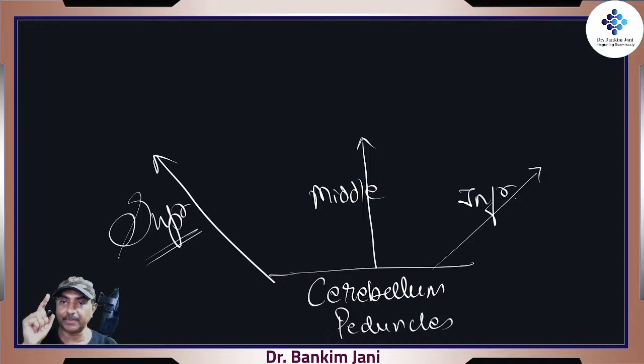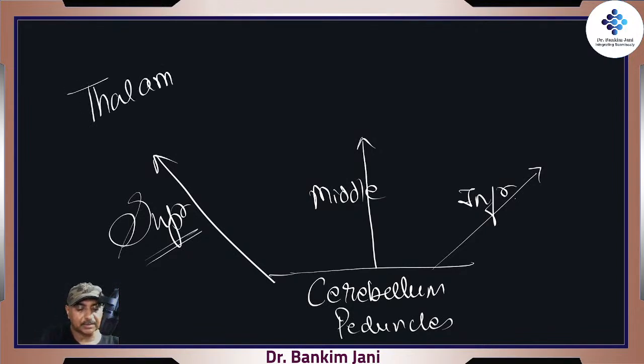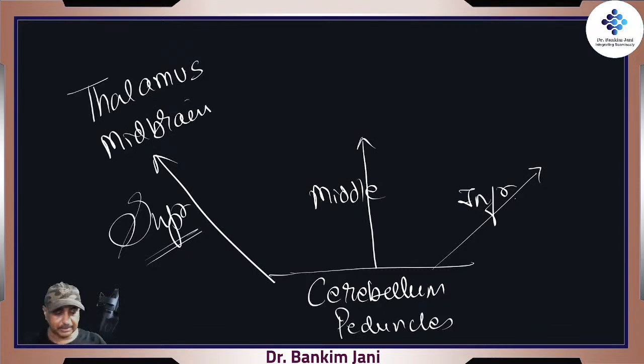Superior cerebellar peduncle will talk straight away to the thalamus. It will talk to the midbrain, so these are all going out. These will be the efferent channels, so they will be going out.